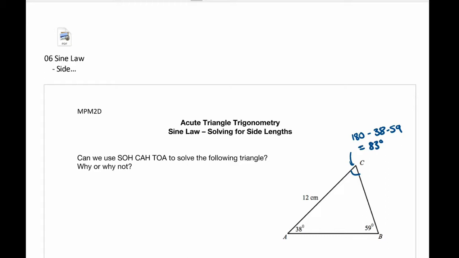And we know that the hypotenuse is always across from the 90 degrees, and if there is no 90-degree angle, then there can't be a hypotenuse. So I cannot use SOHCAHTOA for this. So no, we cannot use SOHCAHTOA.